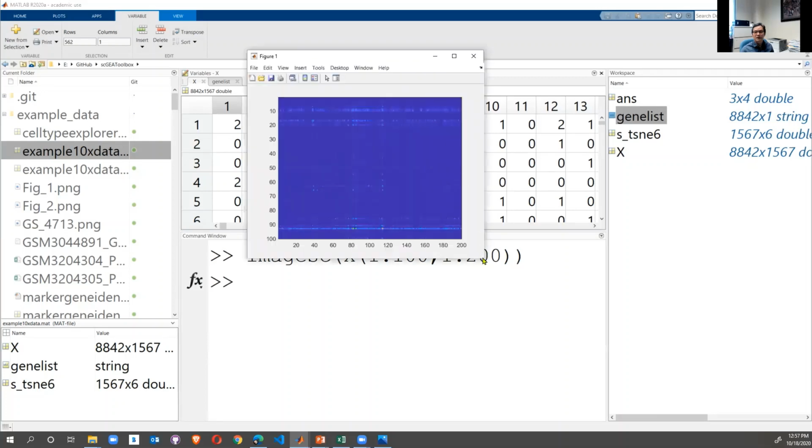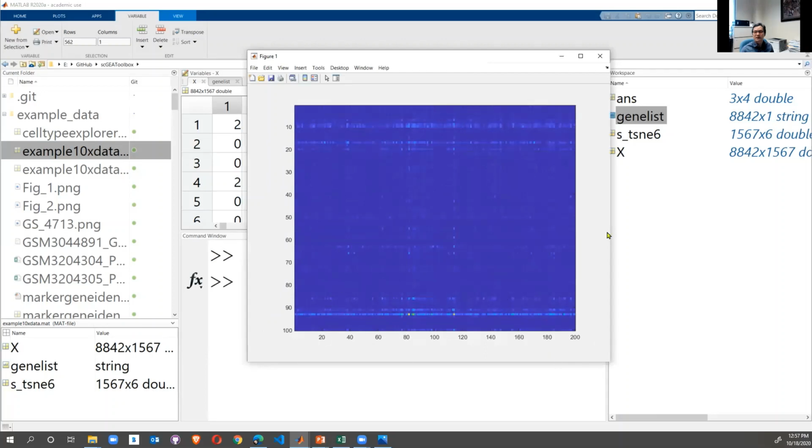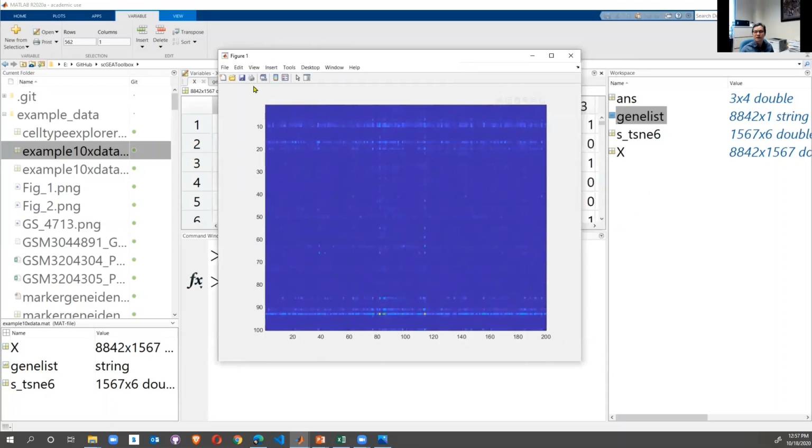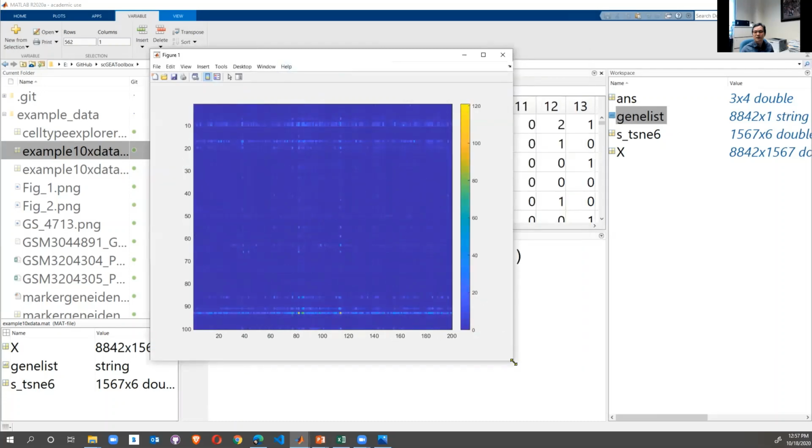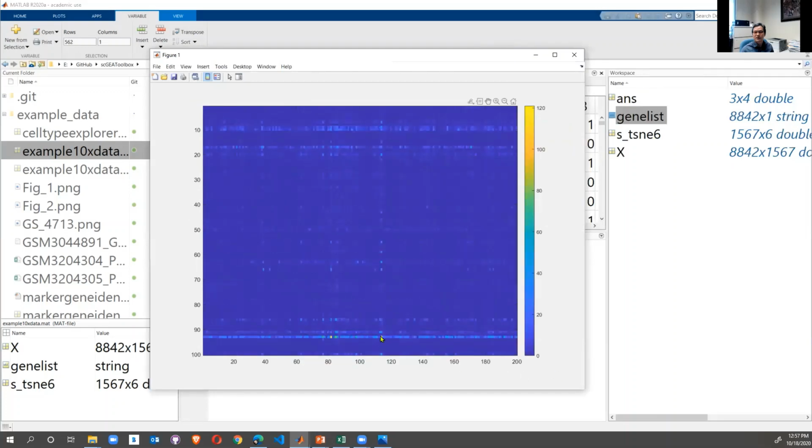Okay, that's the matrix. It's a subset of the whole expression matrix. And you can see a lot of zeros, the blue zeros. So this is a very sparse matrix, and some of the values are really high, up to 120 for this particular gene in this cell.